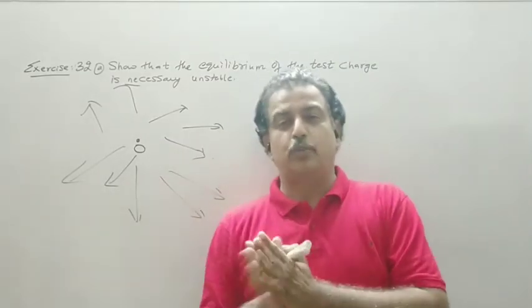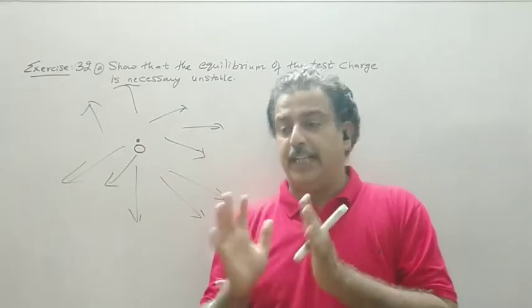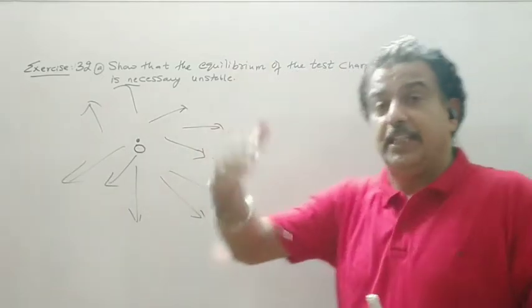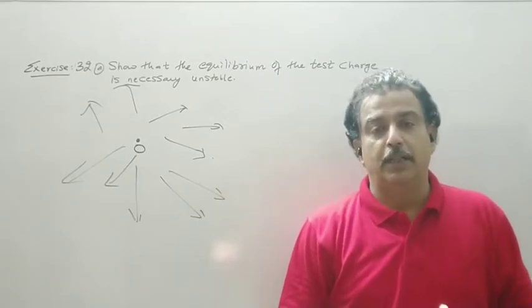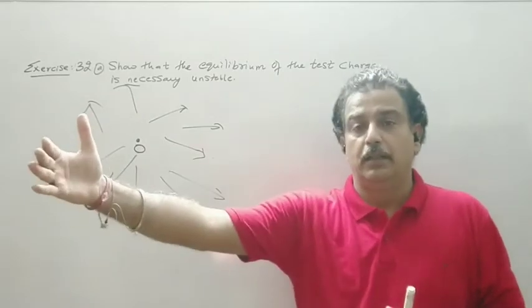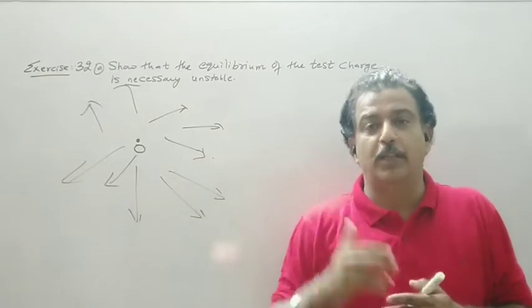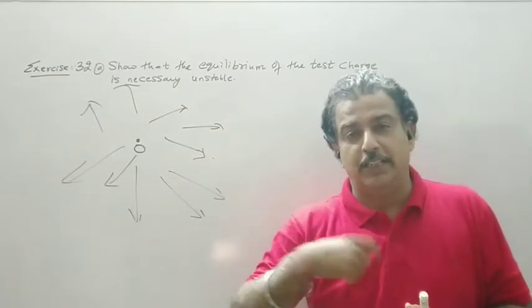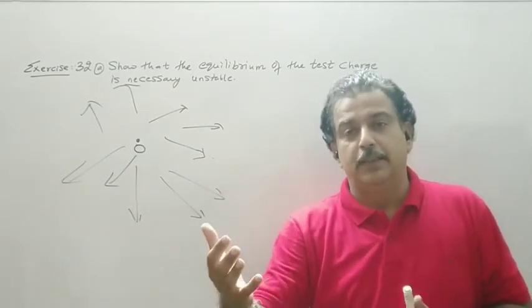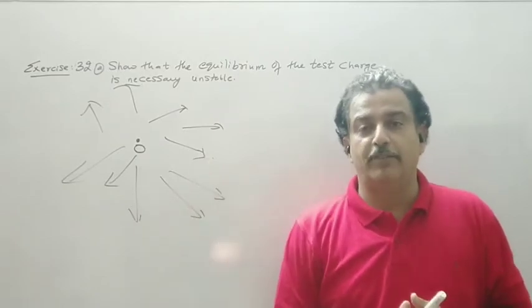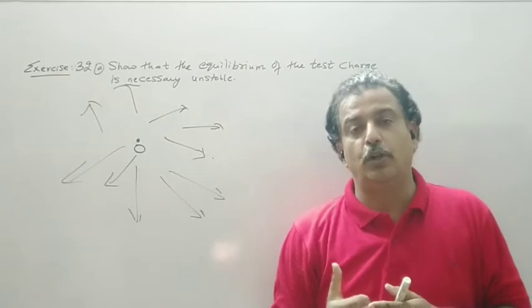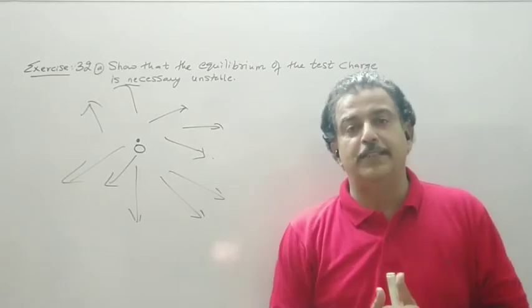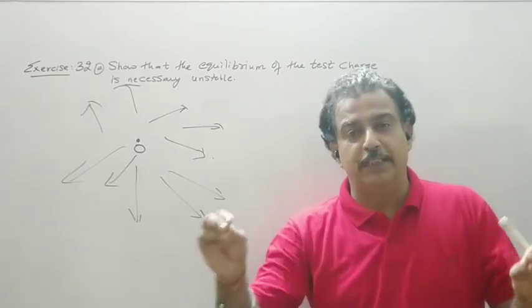If it comes back to its original position, then that equilibrium is said to be stable. So if I move something and it comes back, the restoring force brought it back to its original position, and then you can say that the equilibrium is stable.